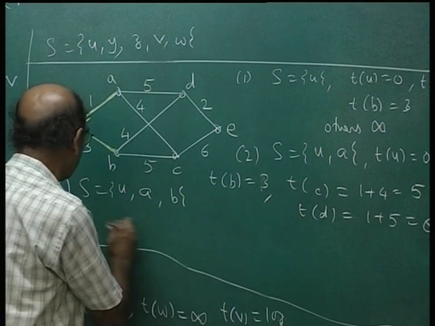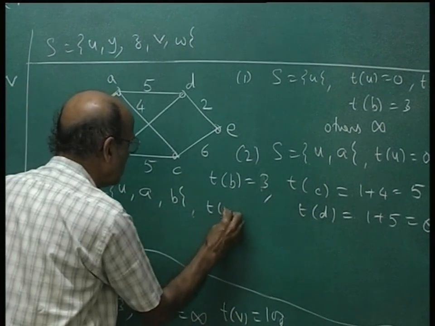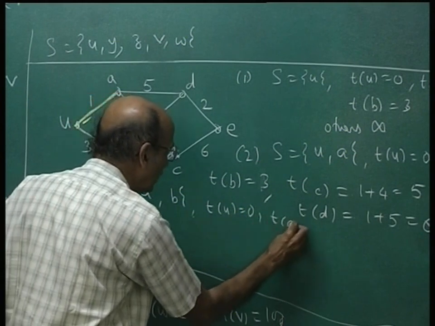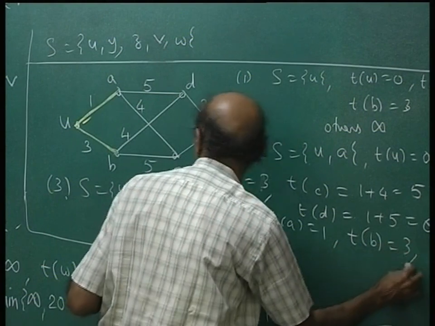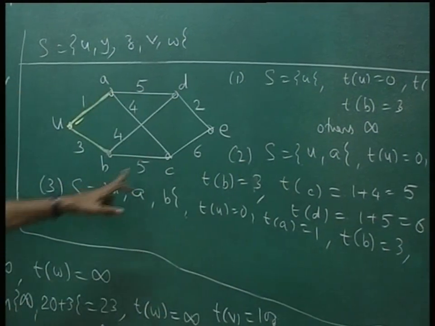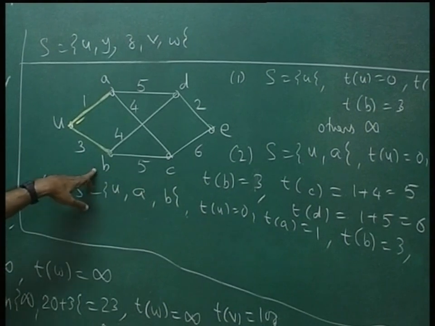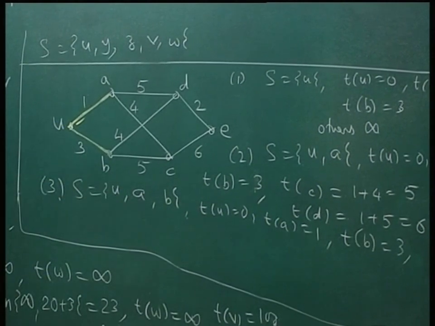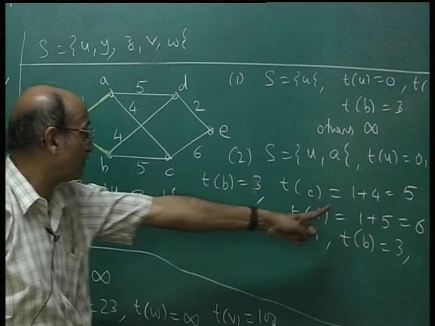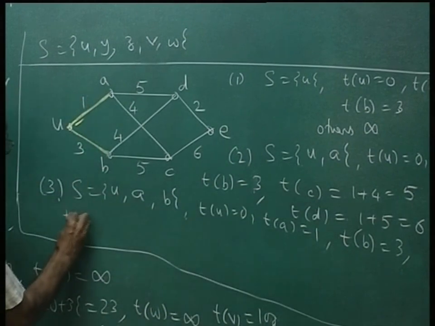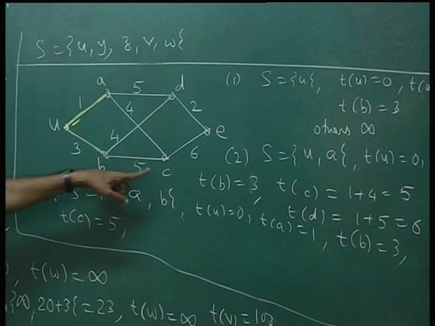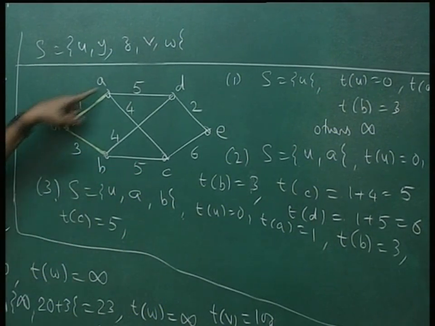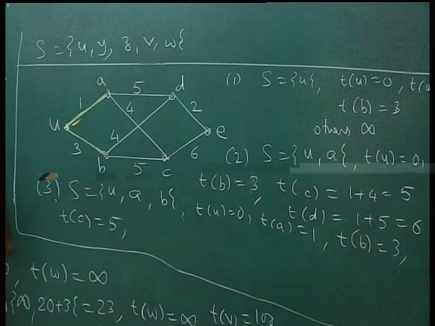Revised distances, T of U is 0, T of A is 1, T of B is 3, T of C is 3 plus 5 equal to 8, but already the distance is 5. Therefore, T of C will continue to be 5 because it's smaller. It is better to go to C through A than through B. Is that clear? T of C is equal to 5.